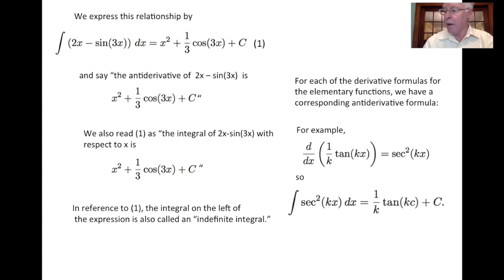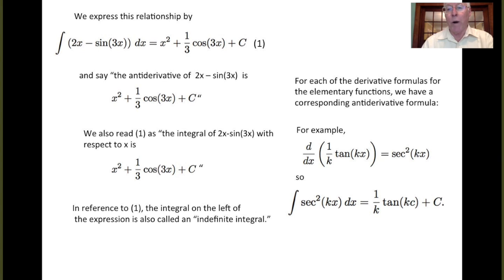For example, just to pick one, if you have the function 1 over k tangent kx, where k is a constant, and apply the chain rule, you differentiate the tangent to get the secant squared, evaluate that at the inner function kx, and then multiply by the derivative of kx, which is k, and that knocks off the 1 over k out in front. So the derivative of 1 over k tangent kx, when k is a constant, is secant squared kx.